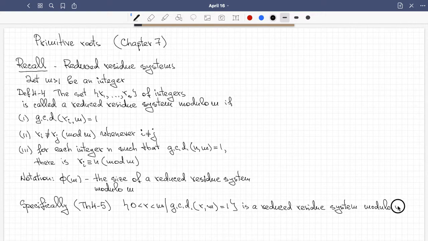If you prefer the language of equivalence classes, this is the set of representatives for all equivalence classes, one from every class, in a reduced residue system modulo m.